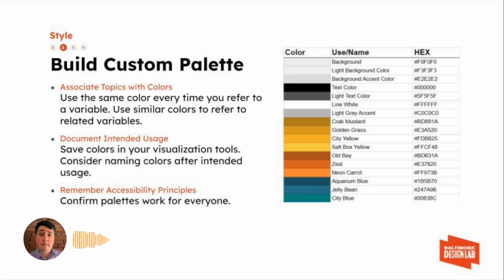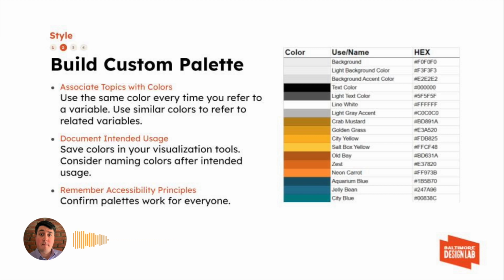So once you have that list of elements, we can then begin assigning colors and other design choices to the elements we've identified. The guide includes a sample of colors that tend to work pretty well for a lot of the most common uses. I'm a bit of a practical person, so I'll maybe take that aquarium blue and rename it after whatever I'm intending to use that for. If that's my on-time percentage, I'll rename it as the way I intend to use it.